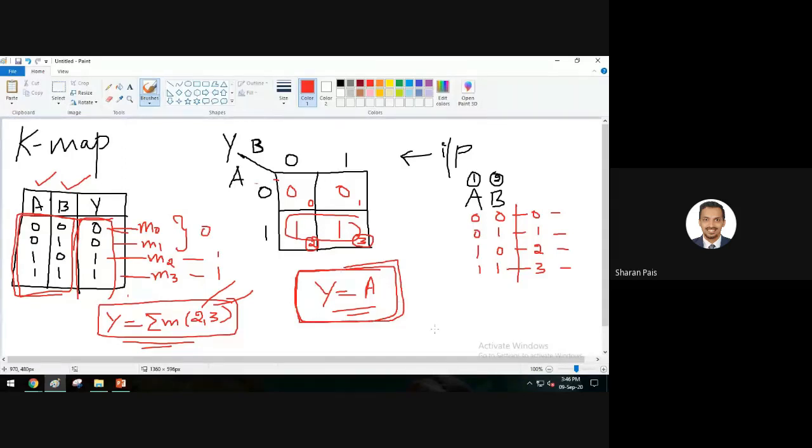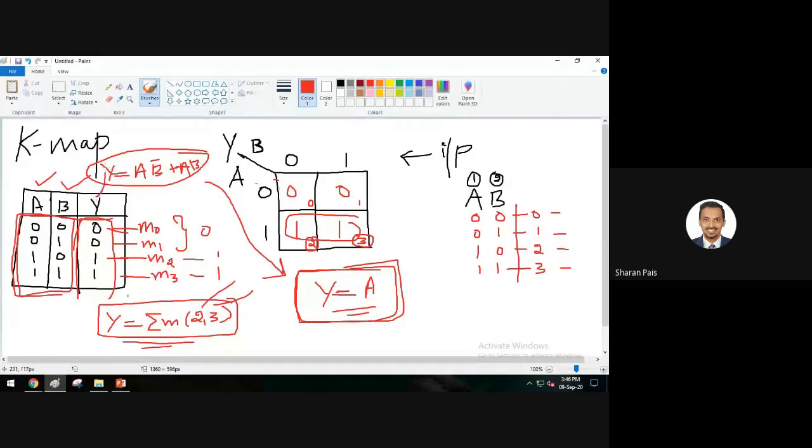That we'll see later. If you go with the table, your equation is y is equal to ab bar plus ab, according to your table. If you simplify using k-map, your equation is y is equal to a.